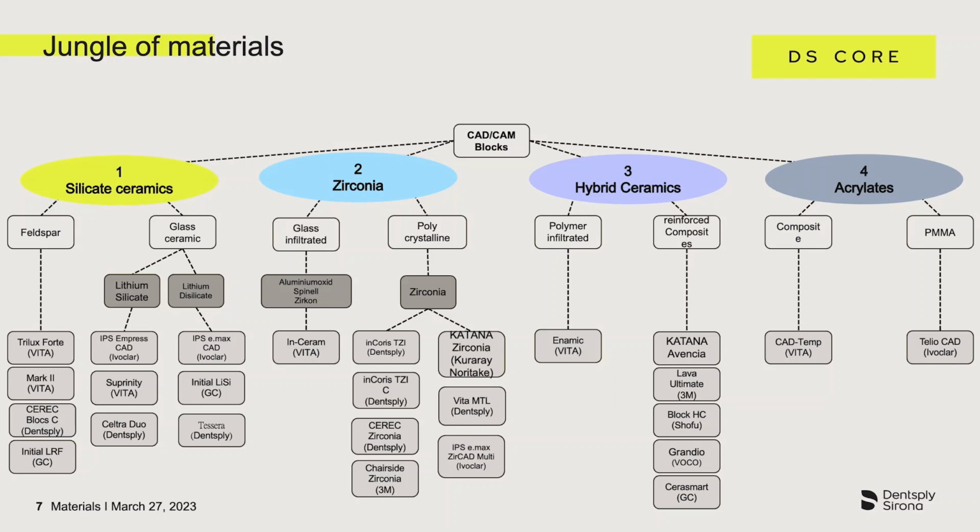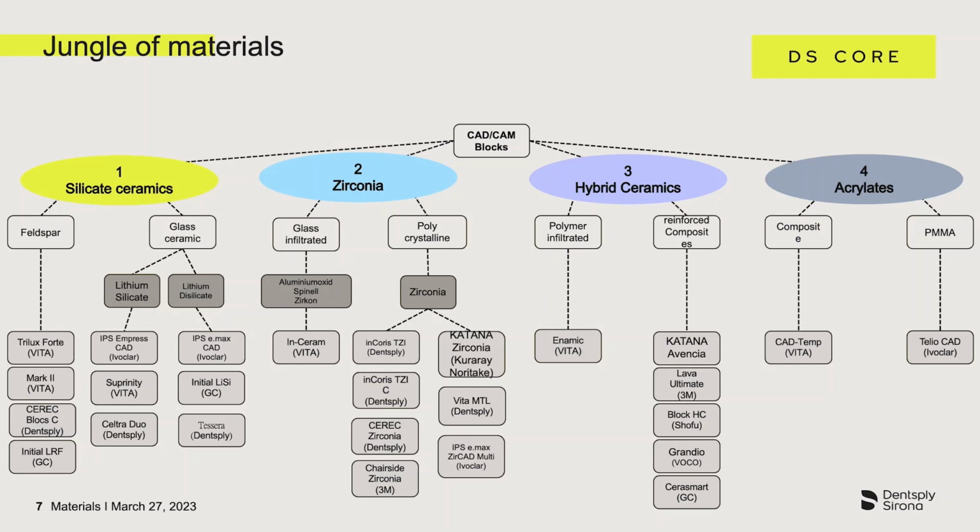Let's start with the big picture and break the groups down into different sections. We have four main groups. The group of silicate ceramics or glass ceramics, the group of zircons, the group of hybrid ceramics, and the group of acrylates. These groups are subdivided into subgroups. In the case of silicate ceramics, these are feldspar ceramics or glass ceramics.